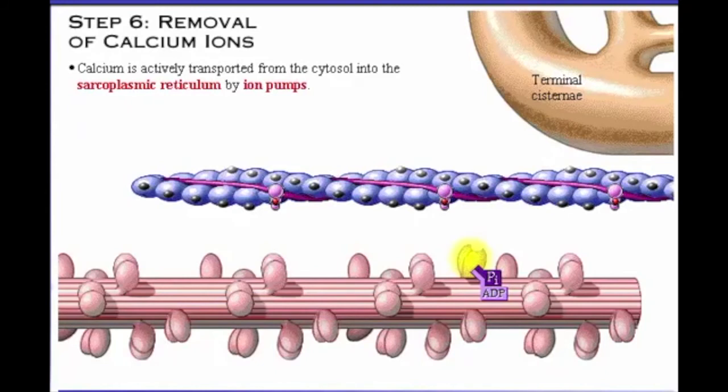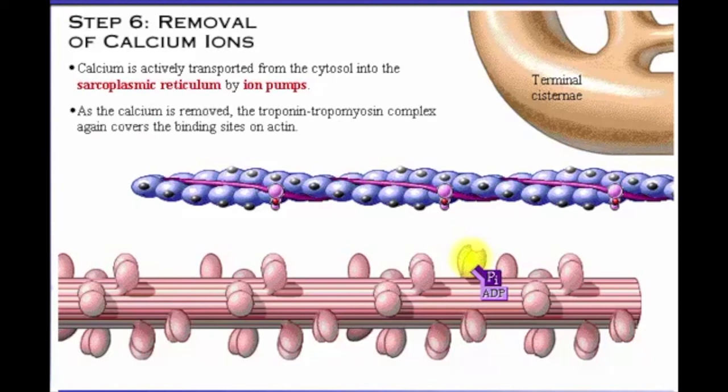In the final step, calcium is actively transported from the cytosol back into the sarcoplasmic reticulum by ion pumps. As the calcium is removed, the troponin-tropomyosin complex again covers the binding sites on actin.